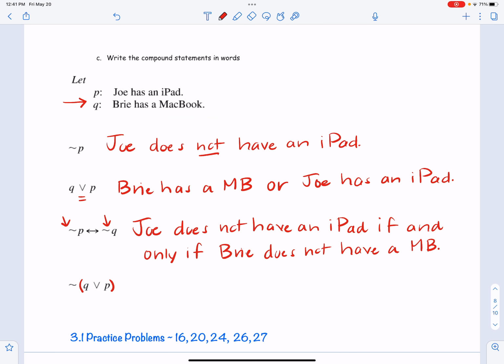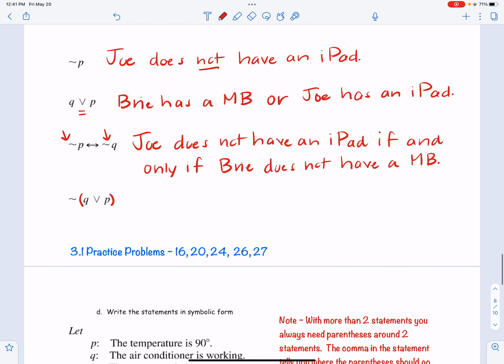And so what you do anytime that negation is out in front of a compound statement in parentheses is you just start this with it is not true that, and then whatever's in parentheses. That's the only way that you can negate the whole thing. So I'm going to say it is not true that, and then what is in parentheses, right?